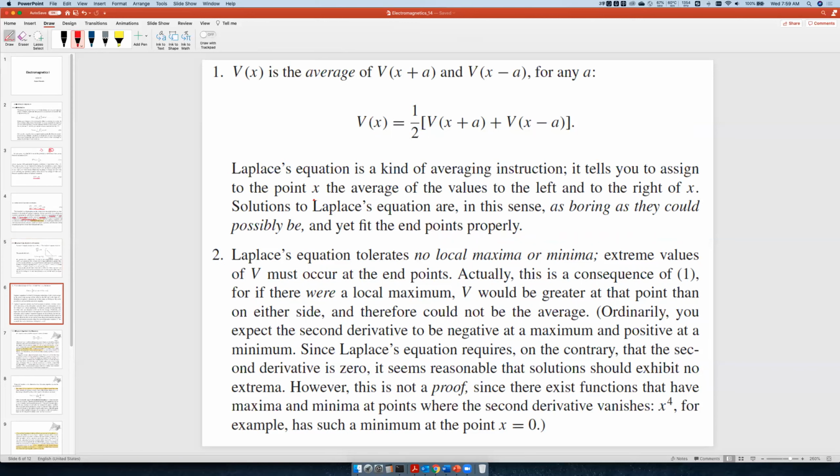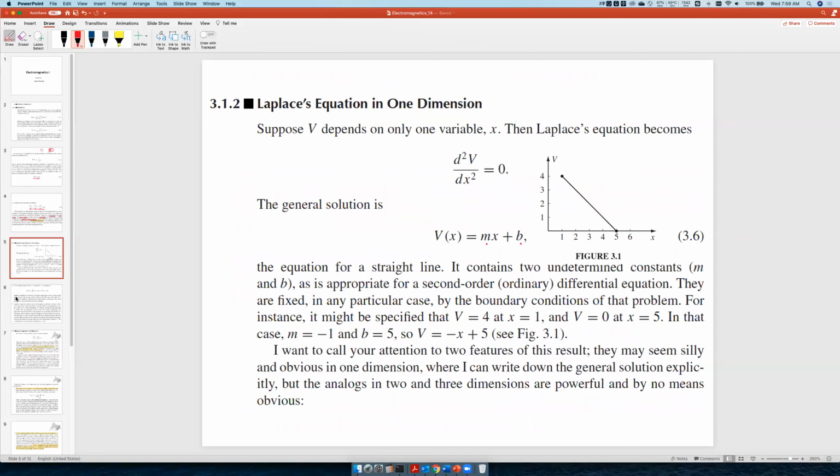So first, the solution of the one-dimensional Laplace equation, V(x), is a straight line.